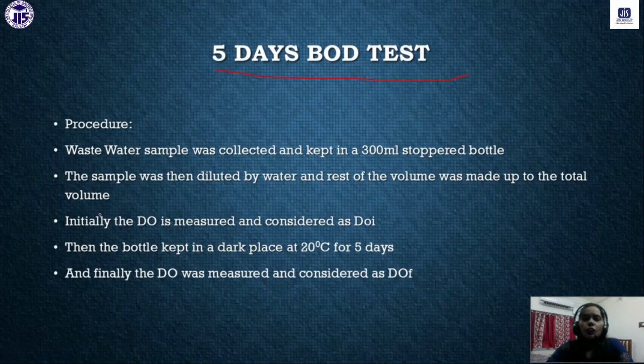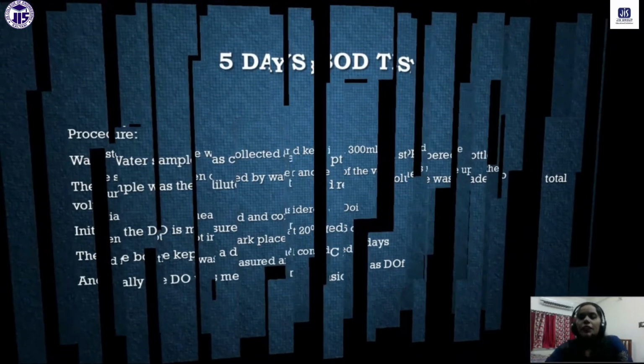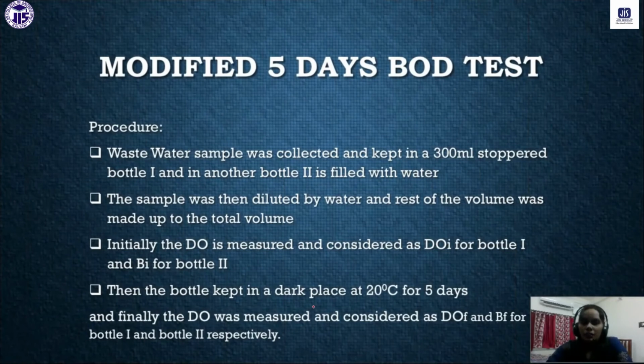This is the procedure of the 5-day BOD test. As I told you, we have to collect the wastewater and dilute it with water, and then initially the dissolved oxygen is measured. After that, the bottle is kept in a dark place at 20 degrees centigrade for 5 days, and after 5 days, after the reaction, we again measure the dissolved oxygen finally.